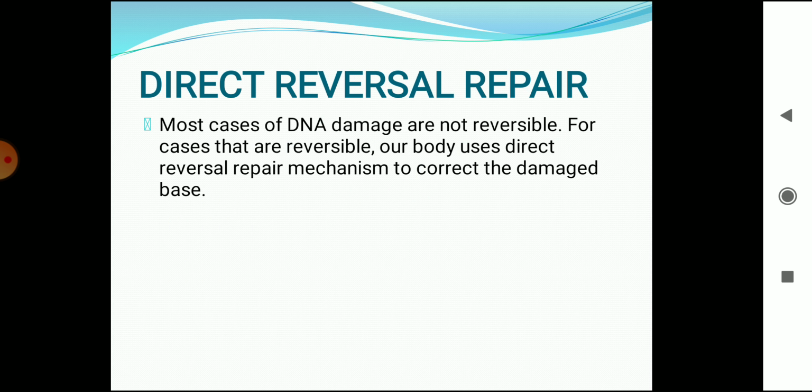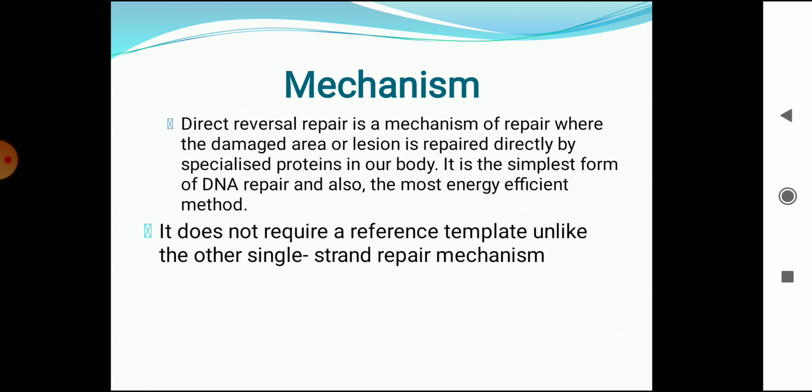First one is direct reversal repair. In this case, most cases of DNA damage are not reversible. For cases that are irreversible, our body uses direct reversal repair mechanism to correct the damaged base. Direct reversal repair is a mechanism of repair where the damaged area or lesion is repaired directly by specialized proteins in our body.